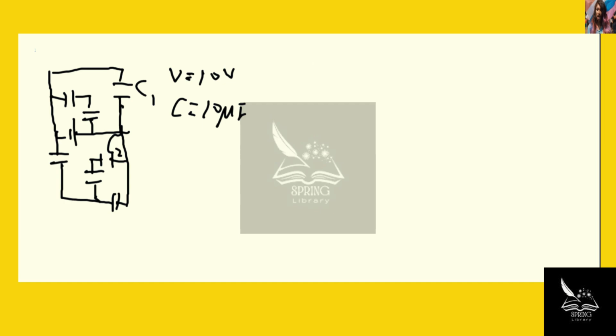So if we look at C1, this is pretty simple because as you can see, for C1, the bottom side is just connected to the positive side of the battery, and the top side is just connected to the negative side of the battery. So the potential difference of C1 is simply equal to V, which is 10 volts, right? So we can find the charge stored on C1 very easily. So Q1 equal to V1 times C1, which is 100 microcoulombs.